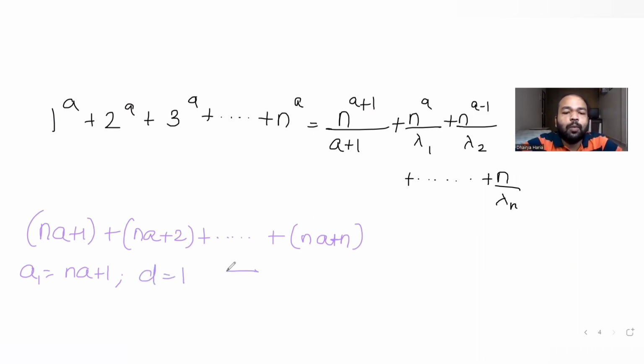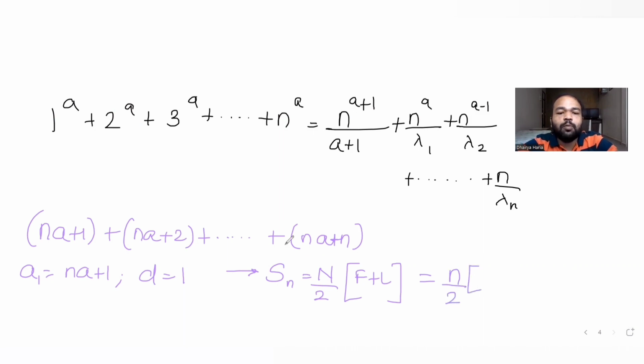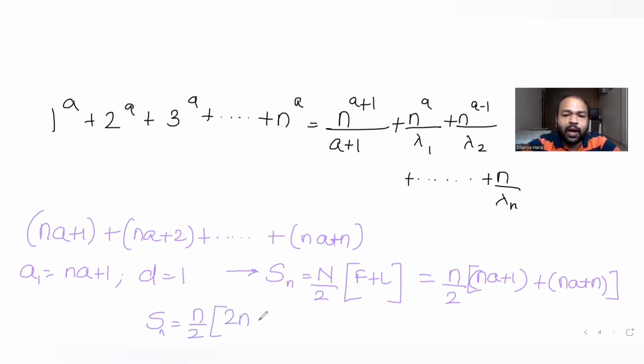So I know the sum of the terms in arithmetic progression is given as number of terms divided by 2 into first plus last. So the number of terms I have in this case is n, so n by 2. First term I have n a plus 1. Last term I have n a plus n. And because there are n terms, I am writing the number of terms directly as n. So the sum of all these terms is becoming n by 2 into 2 n a plus n plus 1.